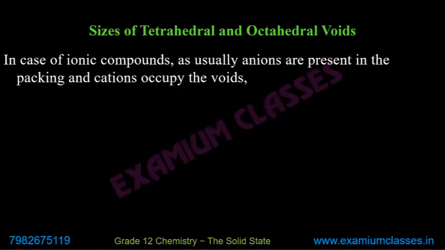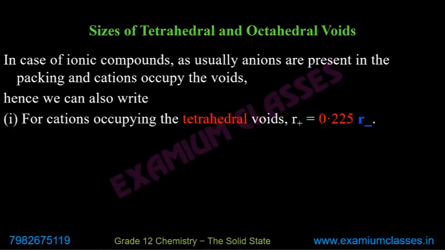Now, normally we talk about this in case of ionic compounds. Lattices are normally formed in ionic compounds. So we write these formulas as r plus is equal to 0.225 R minus. Why?